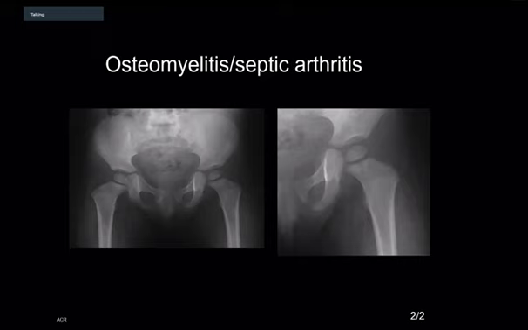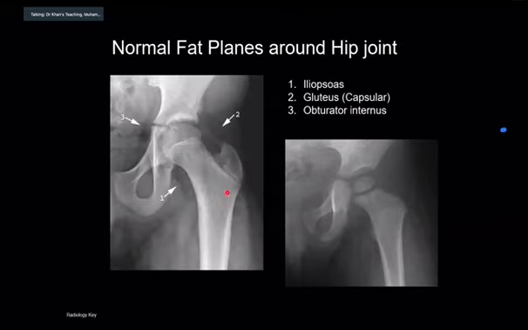Sure. Now, a few teaching points here are that around the hip, 3 fat planes should be recognized by yourself. This is what we call the capsular fat plane or the gluteal fat plane. This is the obturator fat plane, and this is the iliopsoas fat plane.